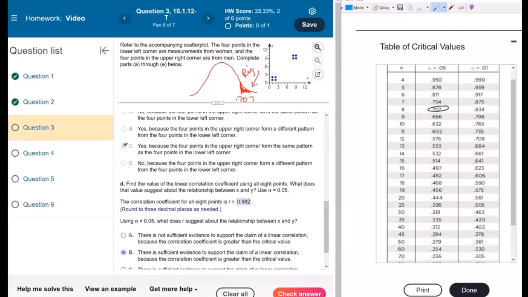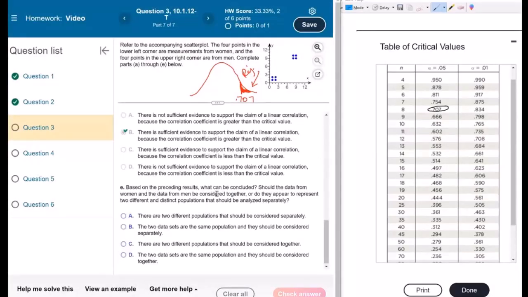We would reject the fact that there's no correlation where it equals 0, and we're going to pick that it's not equal to 0, which means that there is some correlation. We know that the correlation coefficient is greater than the critical value because the critical value, as I just showed you, is 0.707.